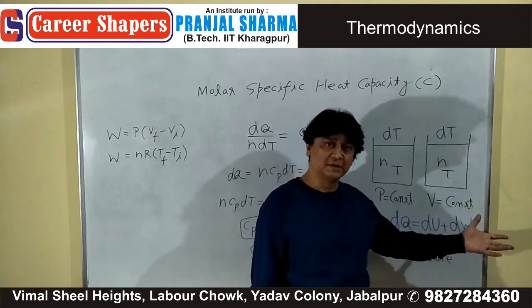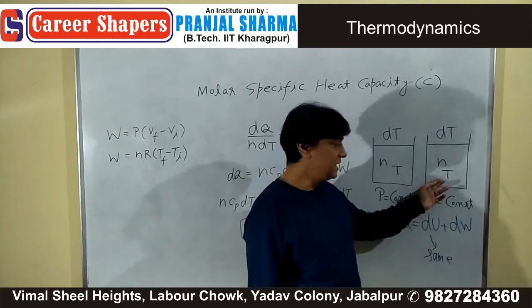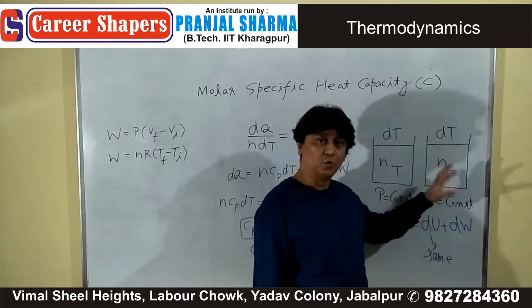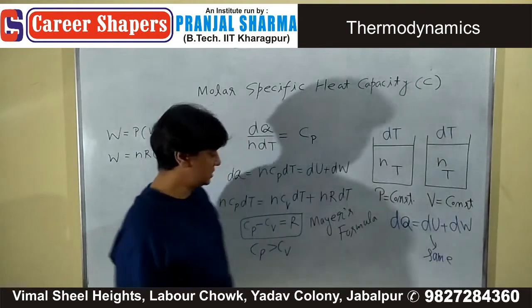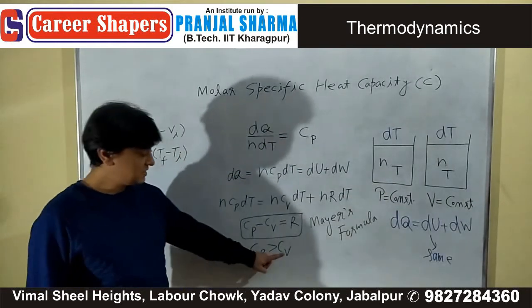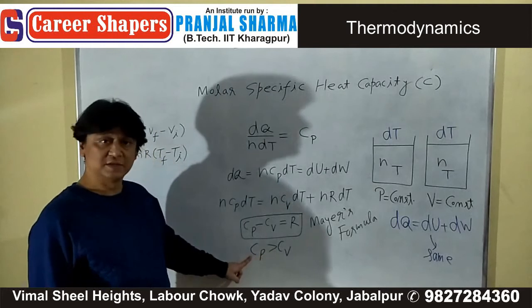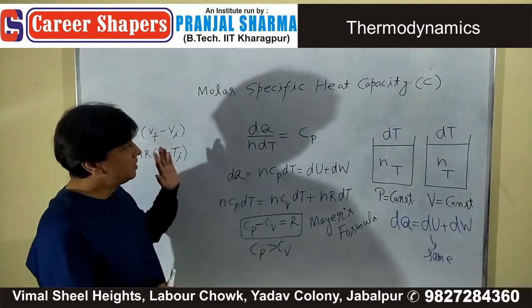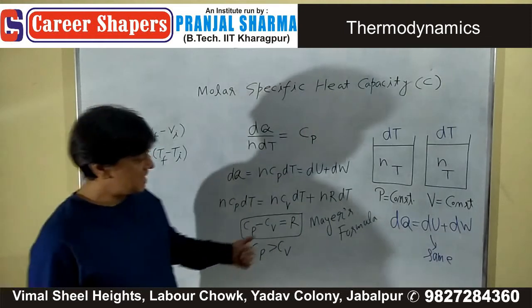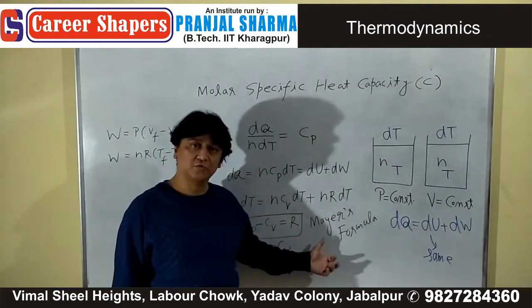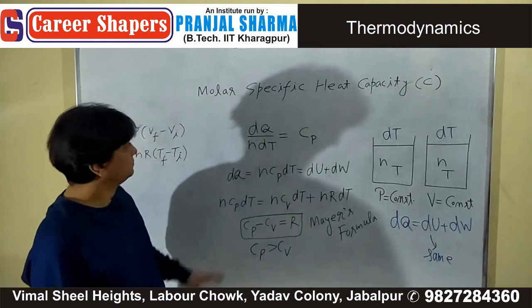So you can see that heat supplied for isochoric will definitely be less than for the isobaric process. That's the reason behind Cv less than Cp. Note down this and remember this as the derivation for Mayer's formula.